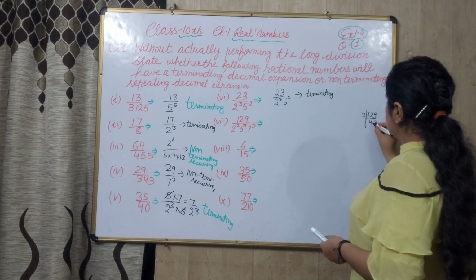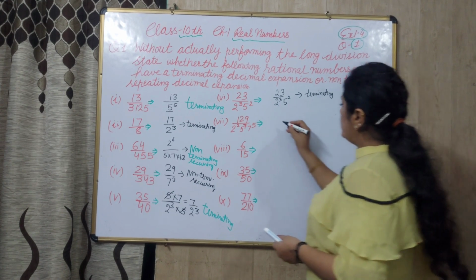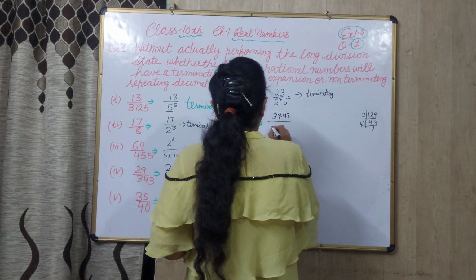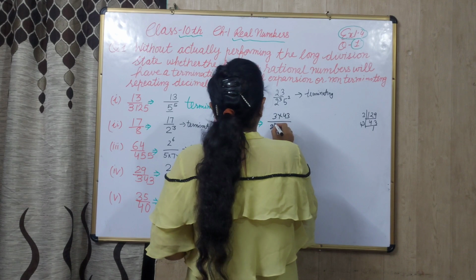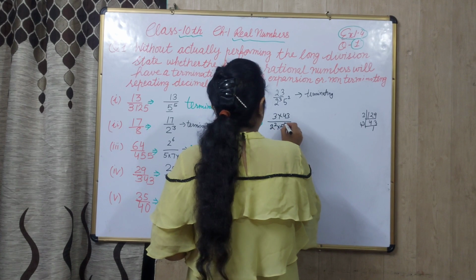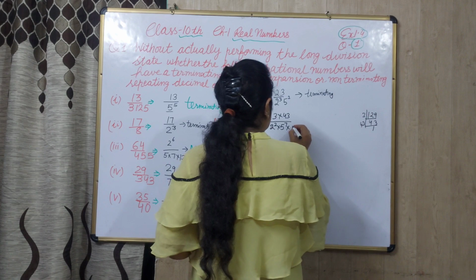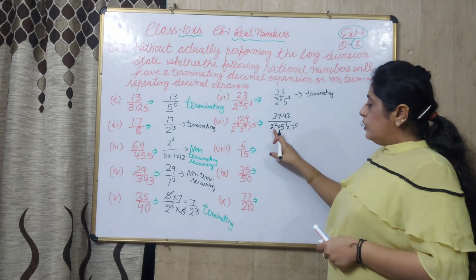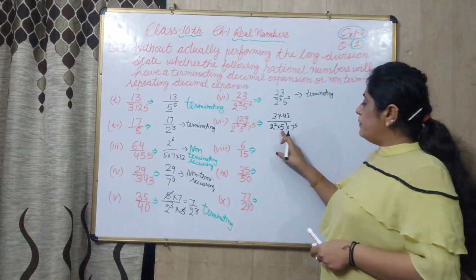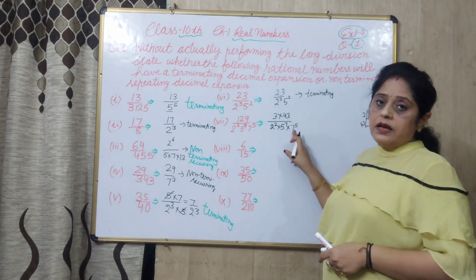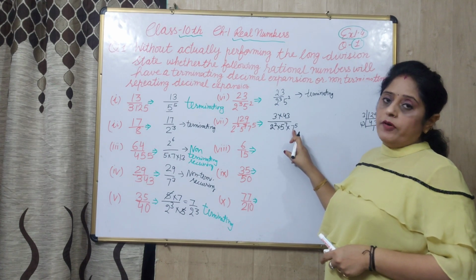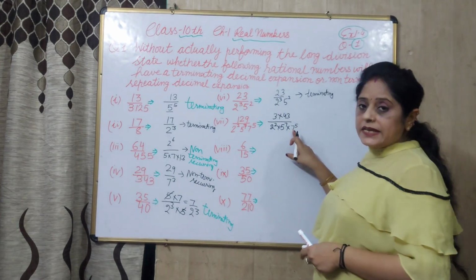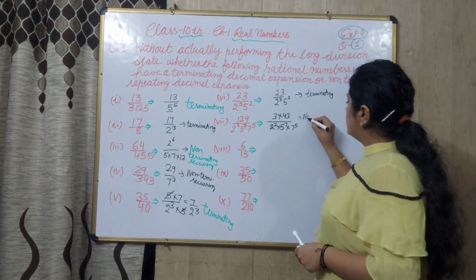We can write 129 as 3 multiply 43, over 2 power 2, 5 power 7 and 7 power 5. 2 power is also there and 5 power is also there, but 7 is extra. Our Q should be in the form of 2 power m and 5 power n. So if 7 is extra, it is non-terminating.